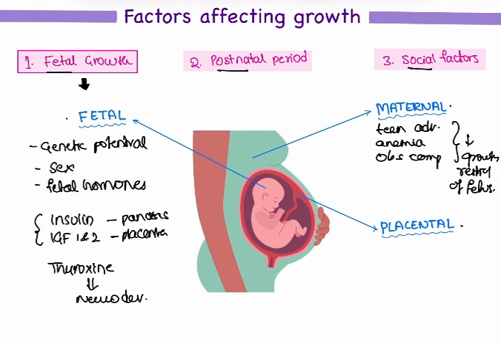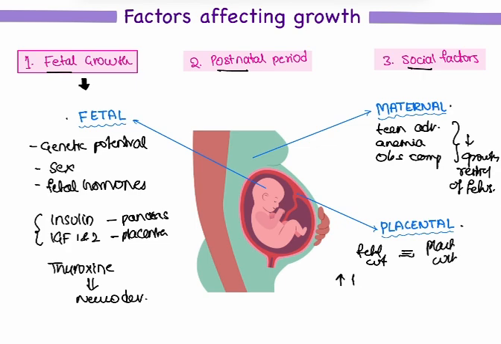The placental factors. The fetal weight is directly proportional to placental weight at term. There are certain changes in the placenta that help in more efficient adaptation.